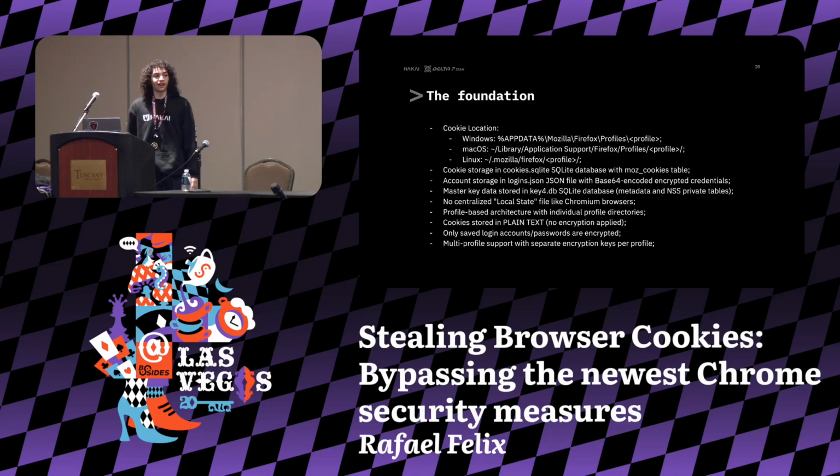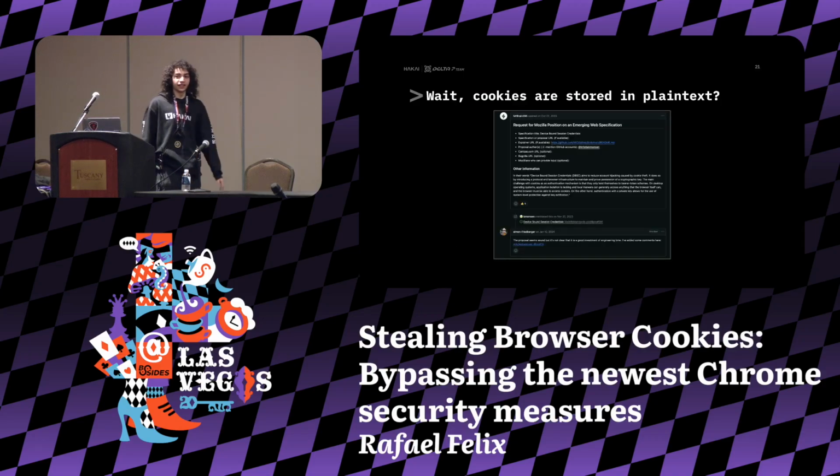And here's the interesting stuff. Firefox stores its cookies as plain text. So no encryption is applied, only saved login accounts and passwords are encrypted. So I actually searched to see if Firefox is trying to implement something for the cookies.